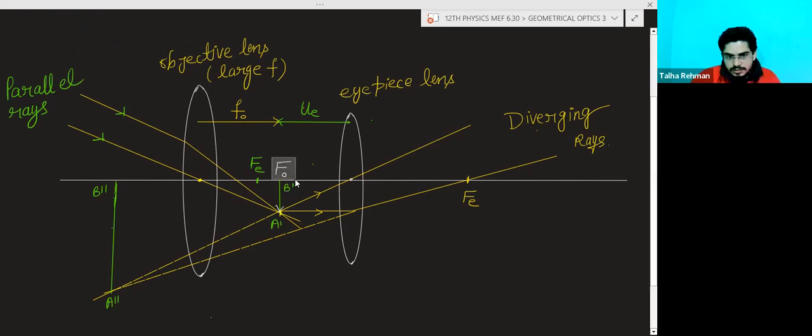This is the focus, f naught, of the objective lens, because parallel rays always meet at focus. So these parallel rays are meeting at the focal plane of the objective.